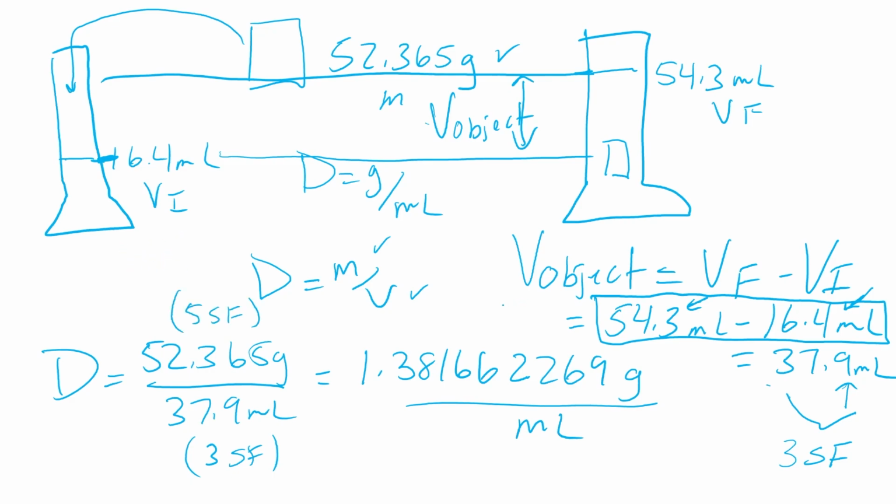Our volume correctly done here to the decimal places ends up actually with 3 significant figures, even though it has 1 decimal place. And now our answer should actually end up at 3 significant figures. That's going to take us right there. And that means we should call this 1.38 grams per milliliter.